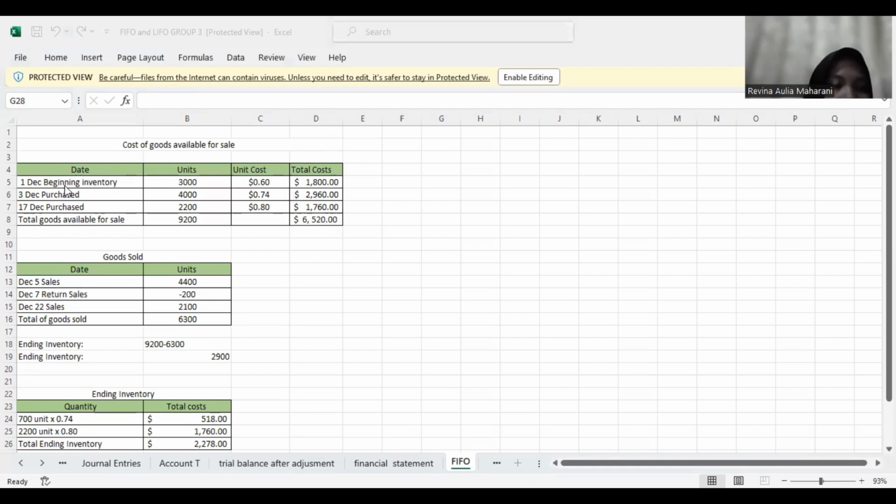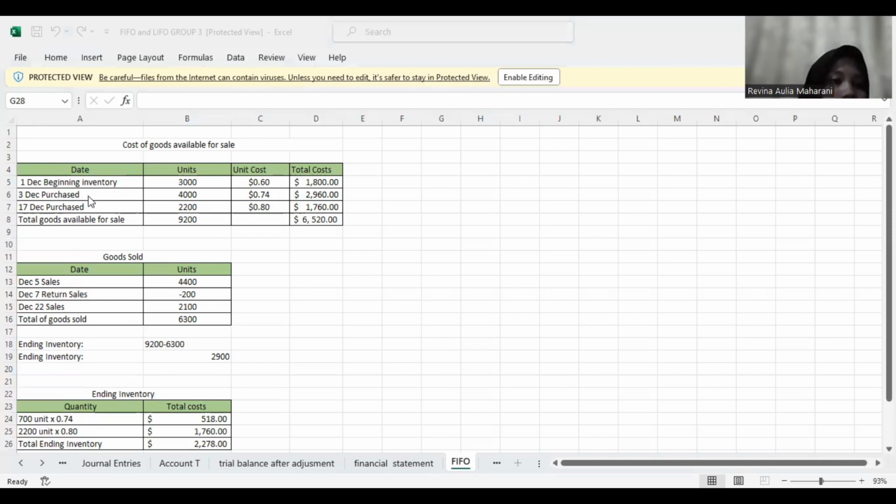That one, December 1 beginning inventory, 3,000 units, 0.60 per unit. The total cost is $1,800.